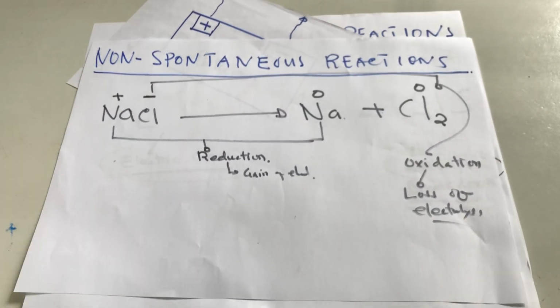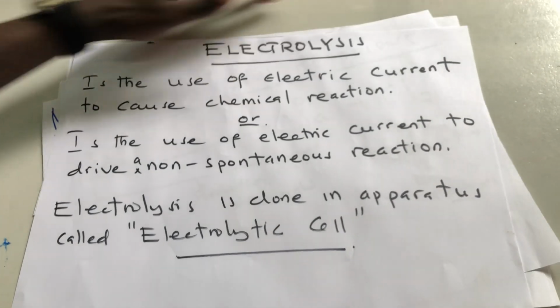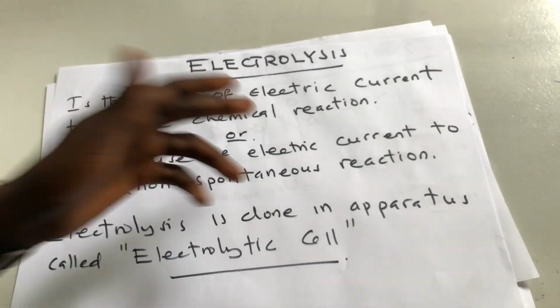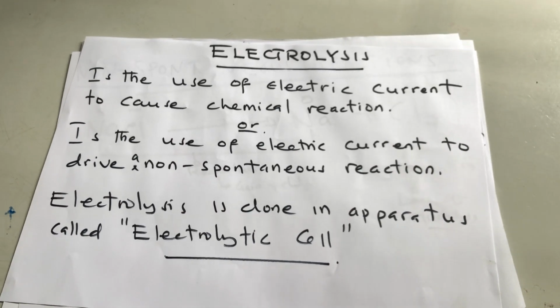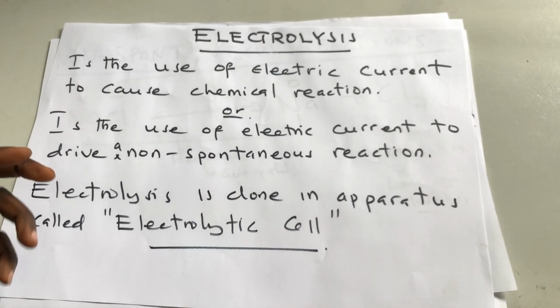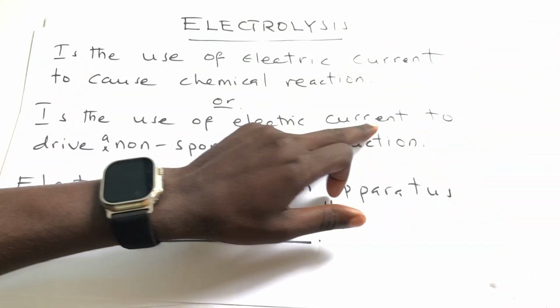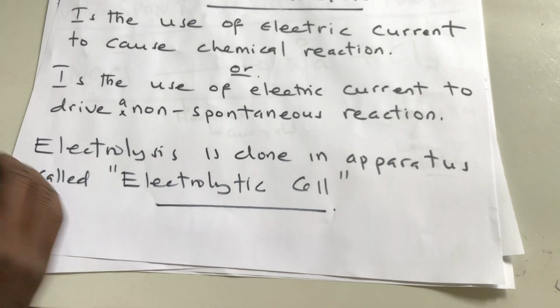So electrolysis is the use of electric current to cause chemical reaction. That decomposition, it is chemical reaction. So you have to use electric current to cause that reaction to occur. Or the use of electric current to drive a non-spontaneous reaction.